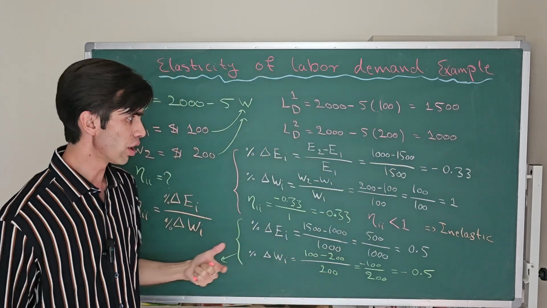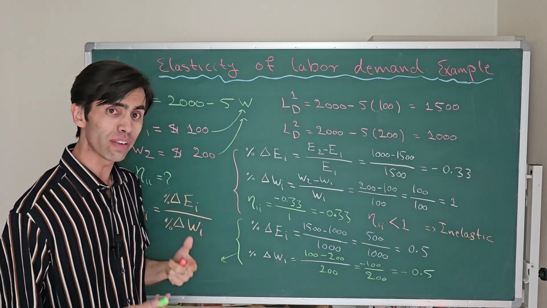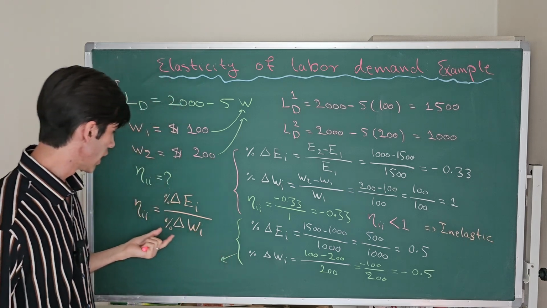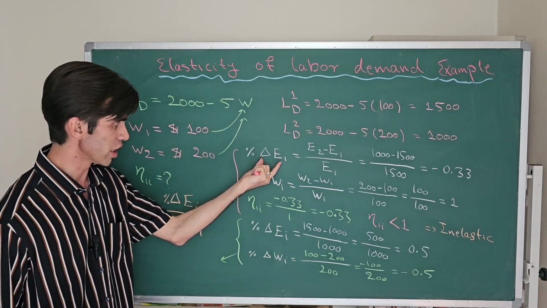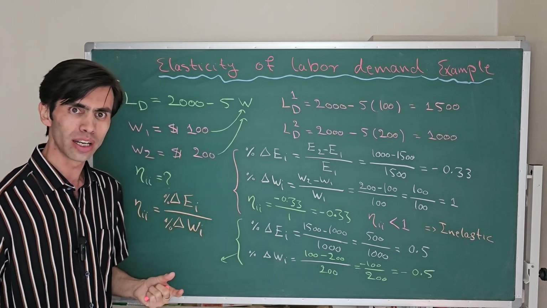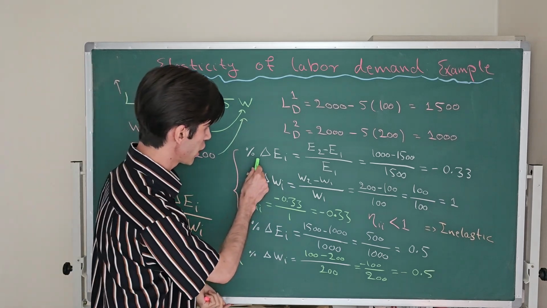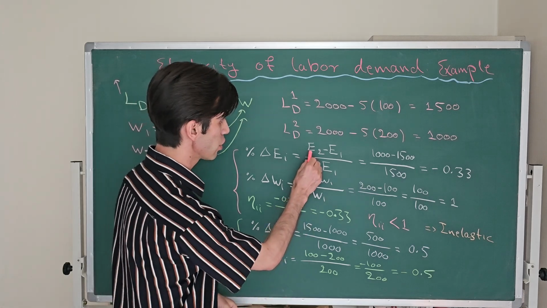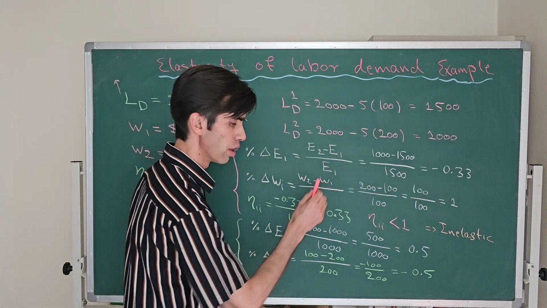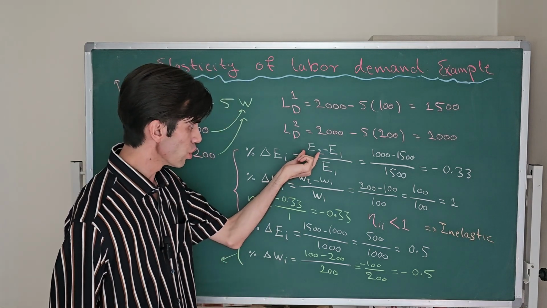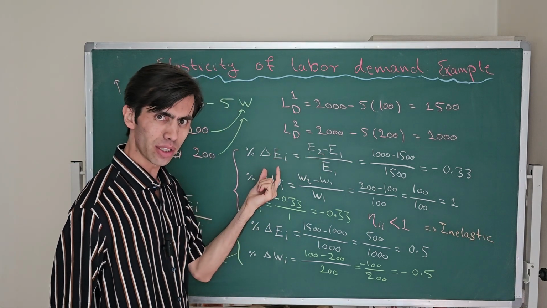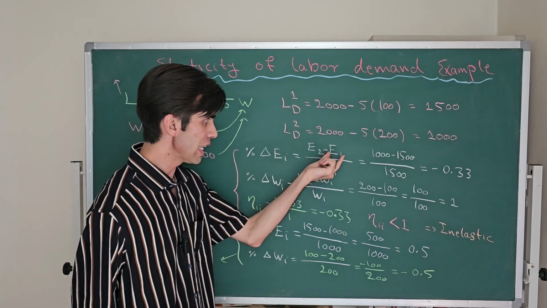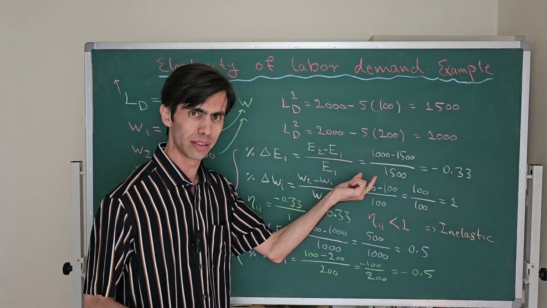Now, in order to find the wage elasticity of labor demand, we need to find the percentage change in employment and the percentage change in wage level. The percentage change in employment we can find from this formula: E2 minus E1 over E1. E2 is the new labor demand or new employment. E1 is the initial employment.